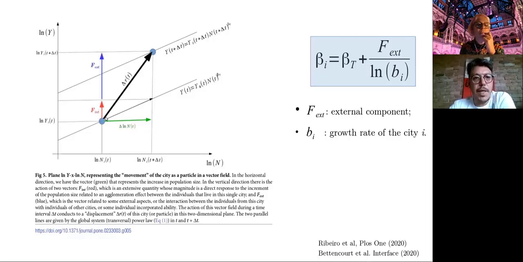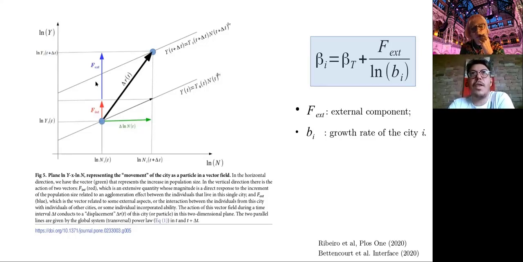The vector here I can assume is an outcome of the scaling property, that is, proportional to the change in population raised to the exponent. If I know this, by subtraction I can infer this external factor. This vector represents all the externalities that act on one particular city.